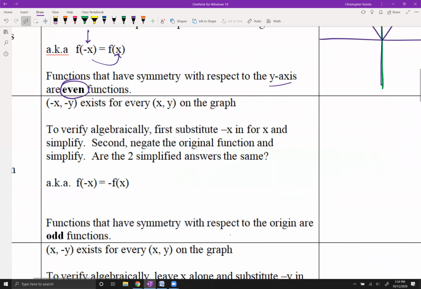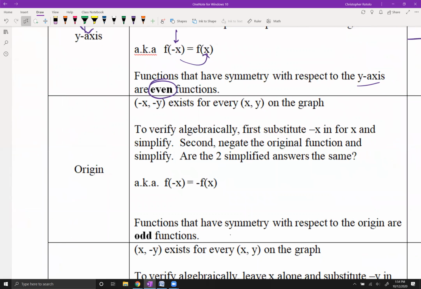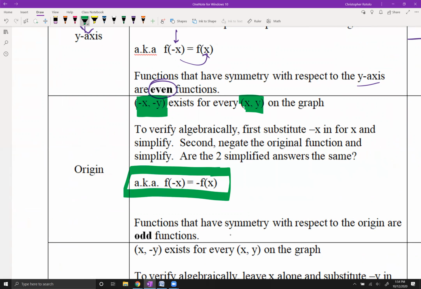All right, so what do we have next? We have the origin. Okay, so that means for every negative x, negative y, we're going to get positive on the graph. Okay, so our test here is going to work like this. We're going to put in negative x, and we're going to get negative of the function.